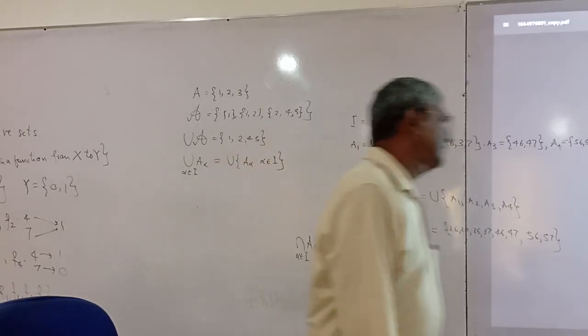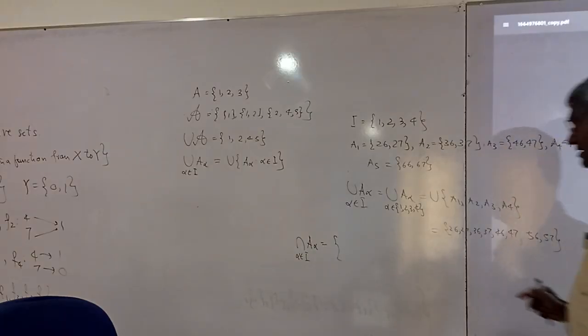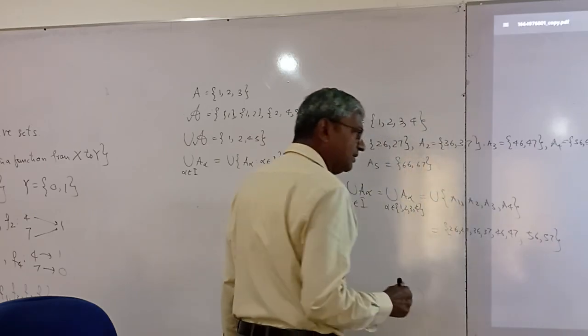What he does is, first he chooses one element beta of I. I don't know why he did it this way. Somehow we have to take the intersection. We are going to define the intersection of A alpha, alpha belongs to I. So what he says is, he chooses an element beta of I, which we can do since I is non-empty. Since I is non-empty, there is something there.